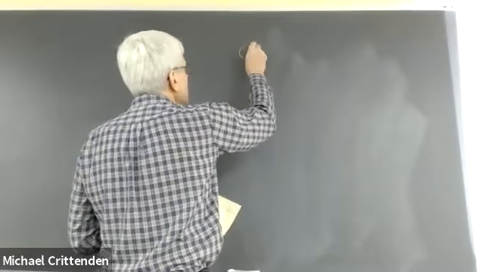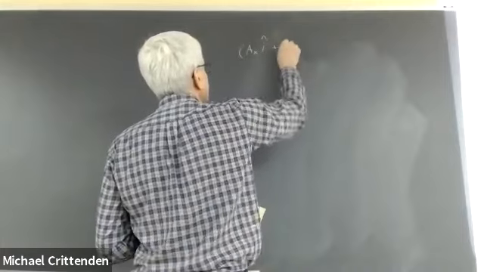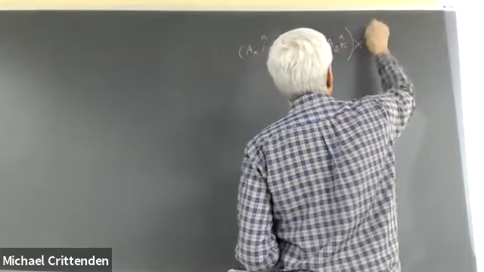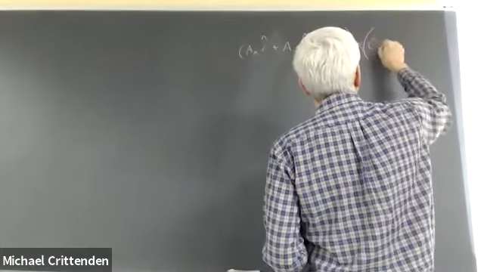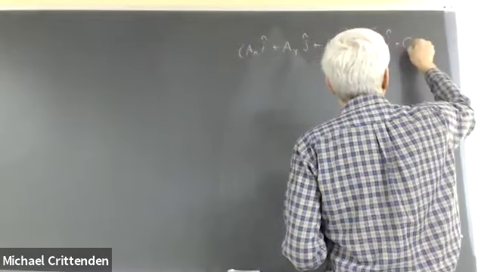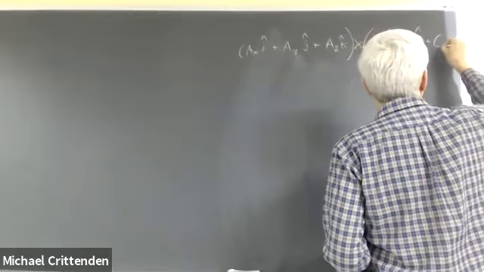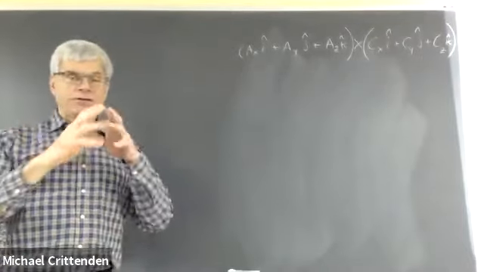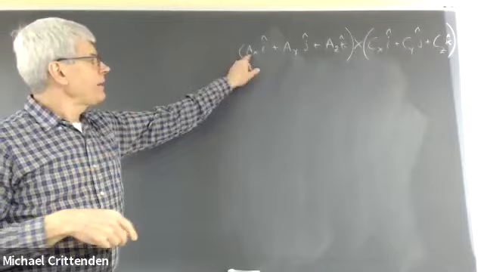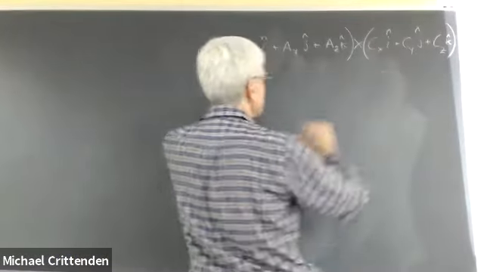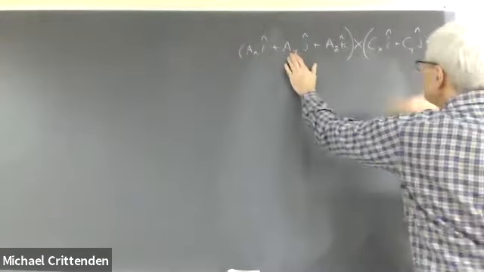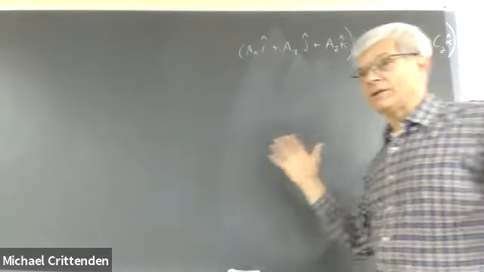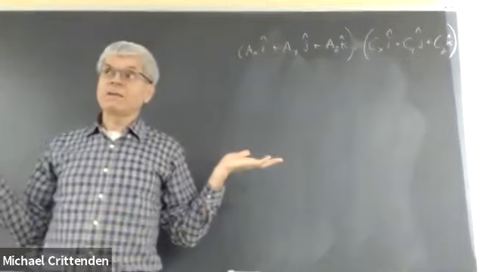If you have AXI plus AYJ plus AZK crossed with, I call it C, I guess, CXI plus CYJ plus CZK, you can just say this term crossed with that term, this term crossed with that term, and so on through every pairing. Nine different terms altogether, and that'll get you the right answer.